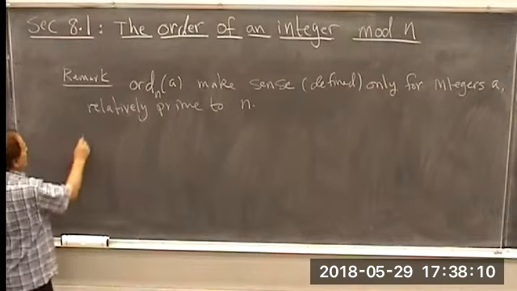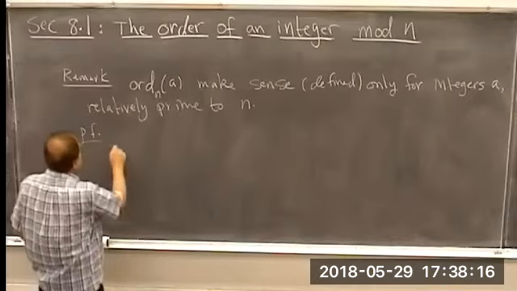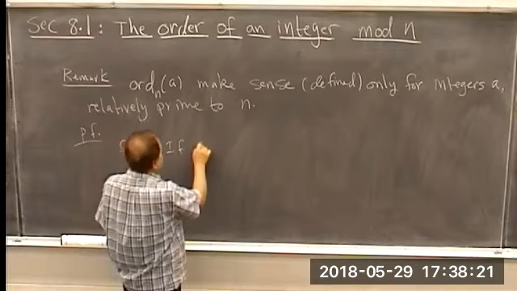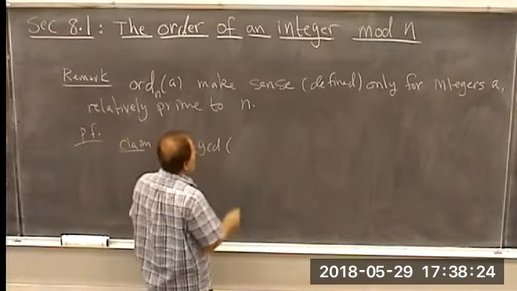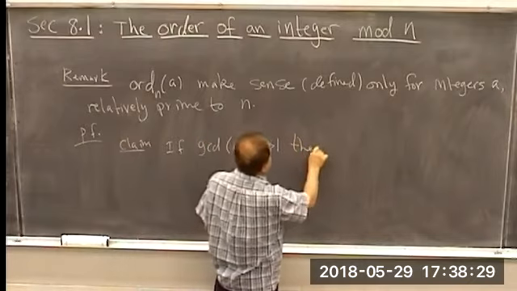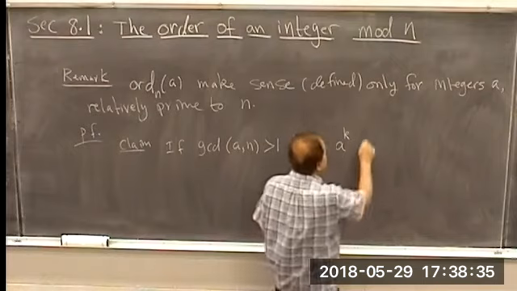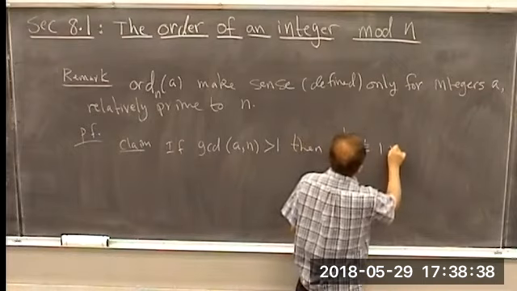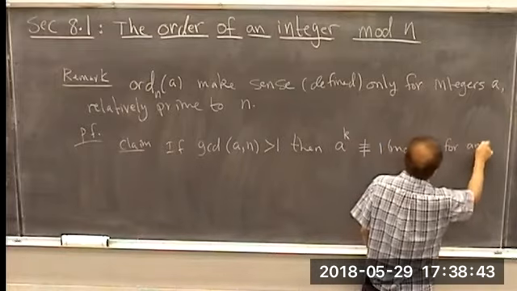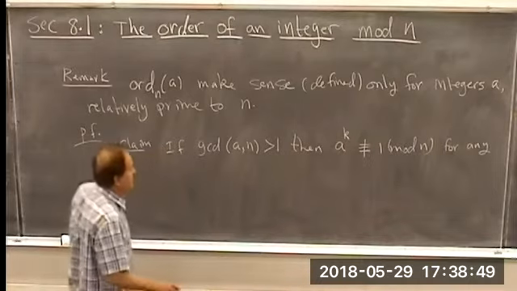Well, let's prove this. The thing is, if the greatest common divisor of a and n is bigger than 1, then a to the k is not congruent to 1 mod n for any k.